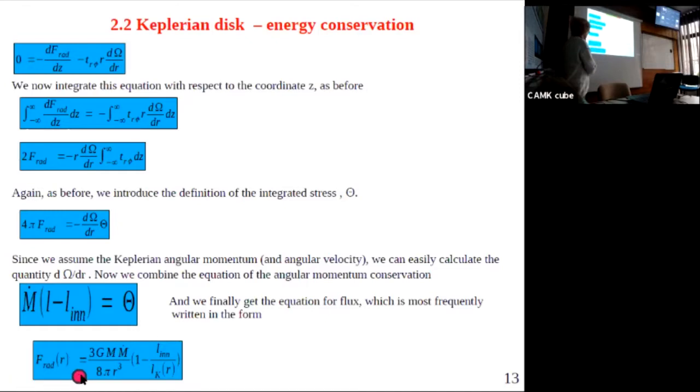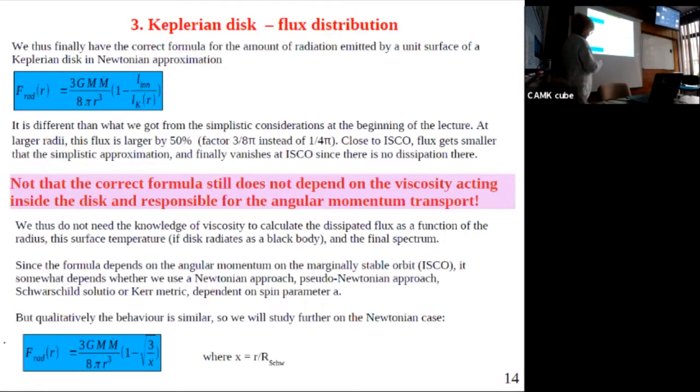So this is finally the expression for the radiation flux which we wanted to have. And this is really an exact expression in the case of Newtonian approximation using the idea of ISCO. And again, it does not contain viscosity forces.